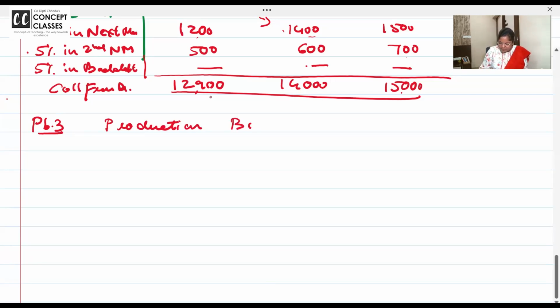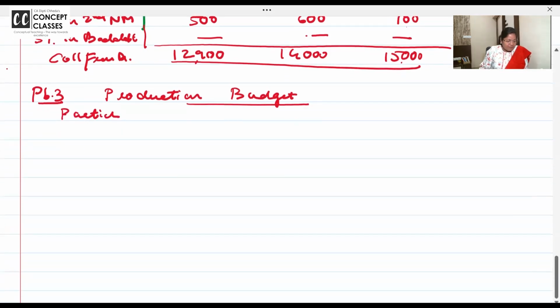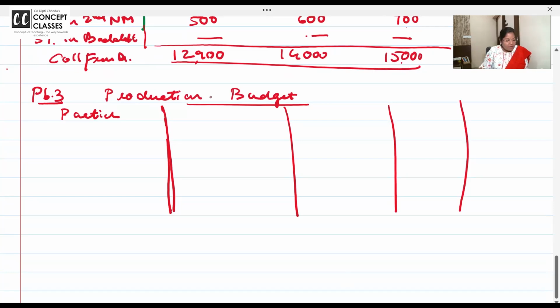Production budget. Particulars and 4 quarters. 4 quarters are there, right?